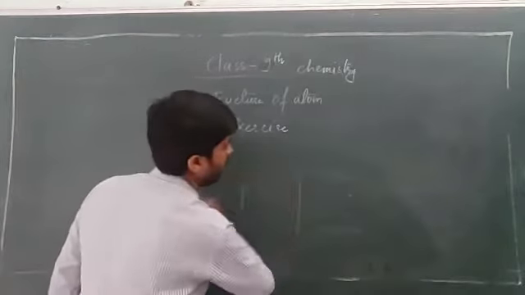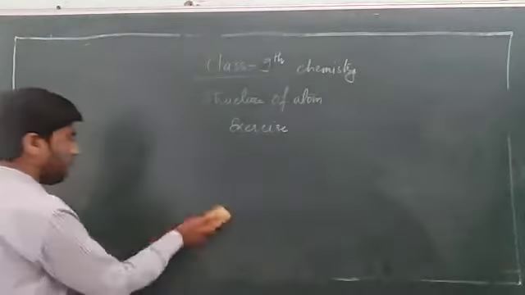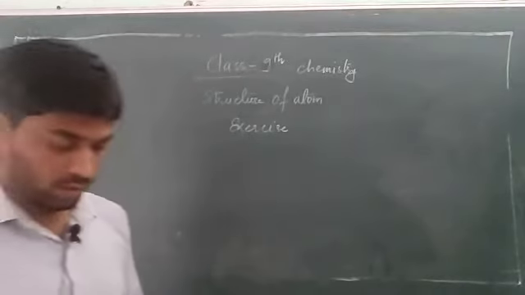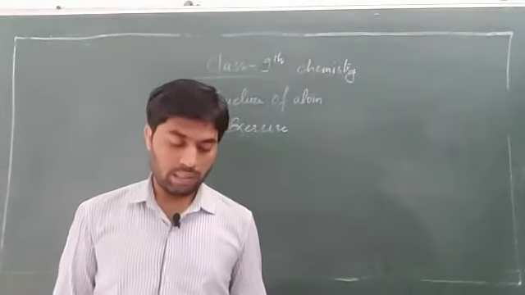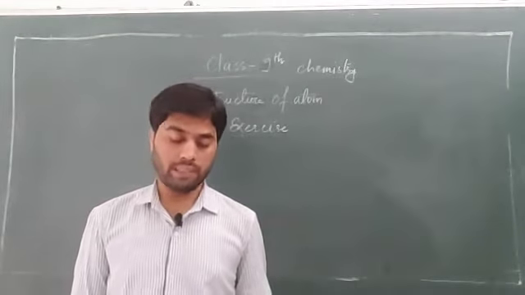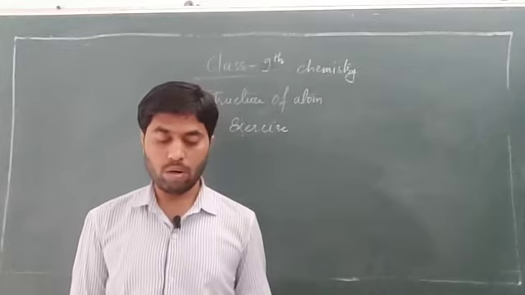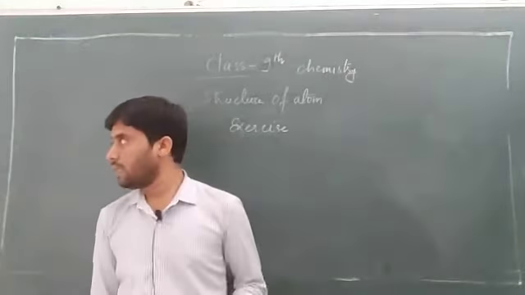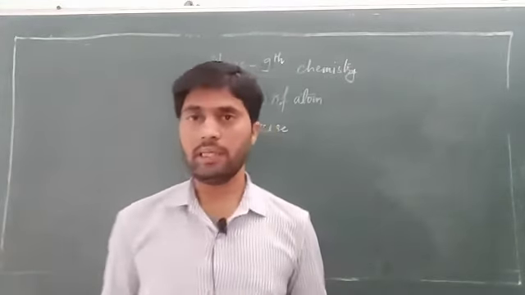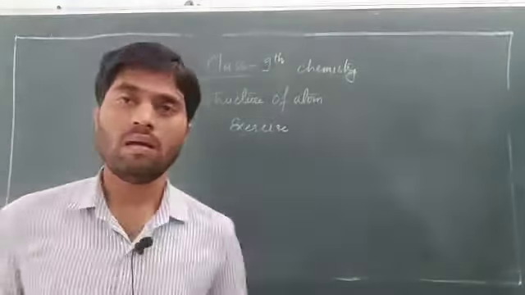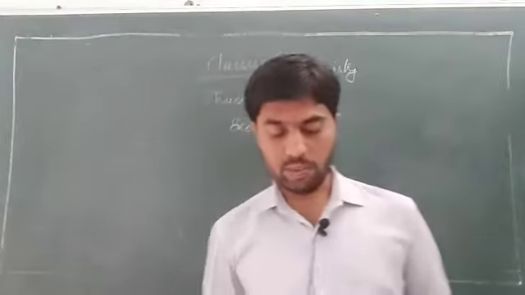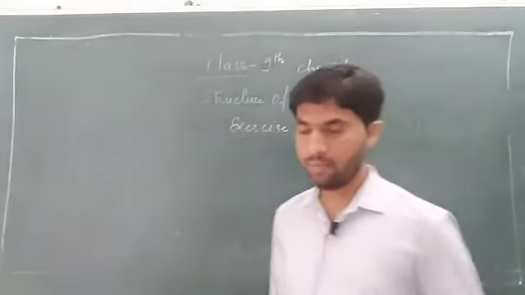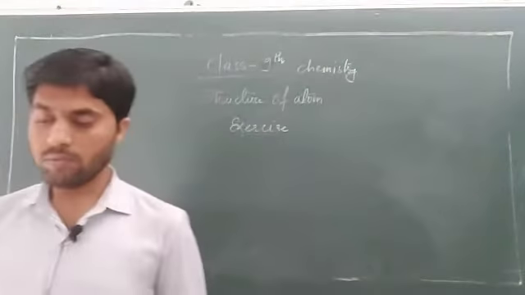Okay, after the first question, now the second question. What is the second question? What are the limitations of J.J. Thomson model of an atom? Now what is given in the J.J. Thomson model?